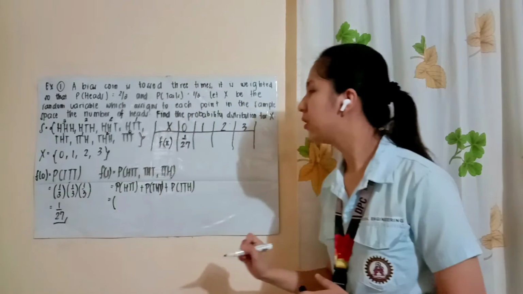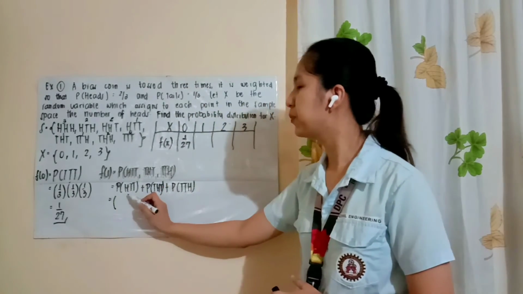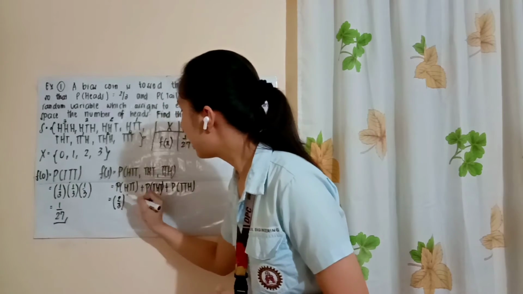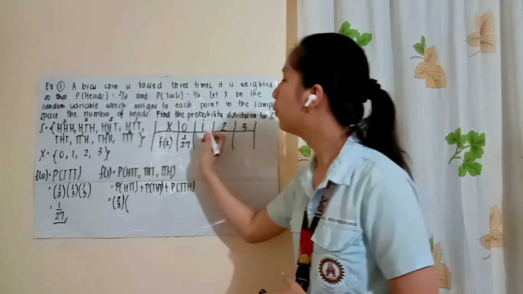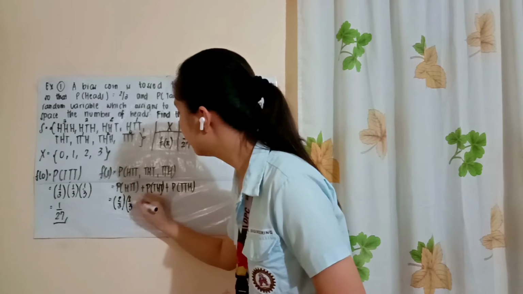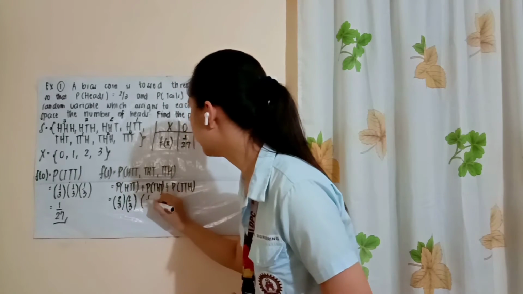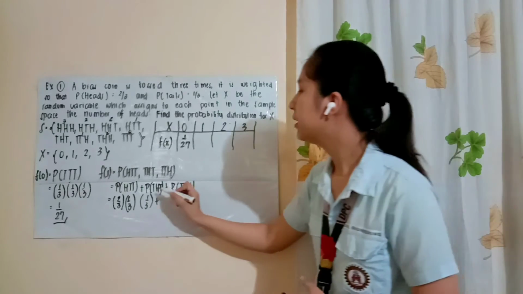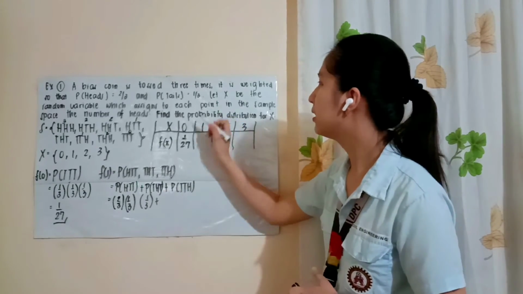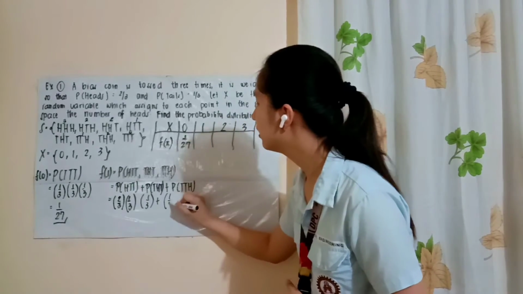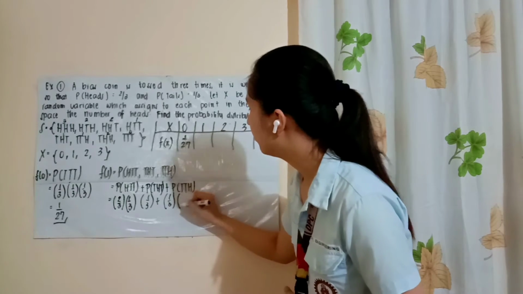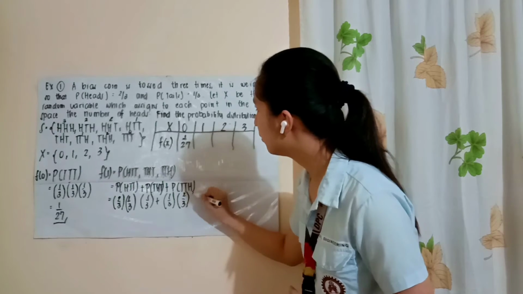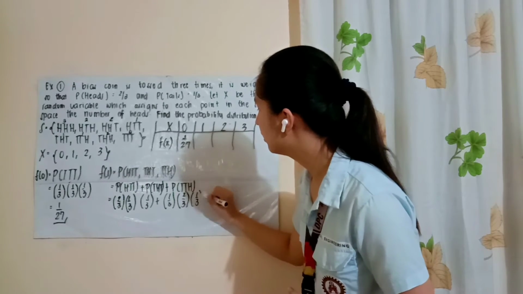For the probability of HTT, the probability of head is 2/3 times T, which is 1/3, times 1/3. Next, the probability of THT: the probability of tail is 1/3, times the probability of head, 2/3, times 1/3.